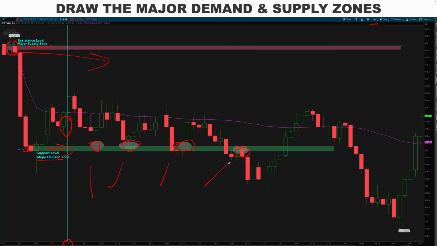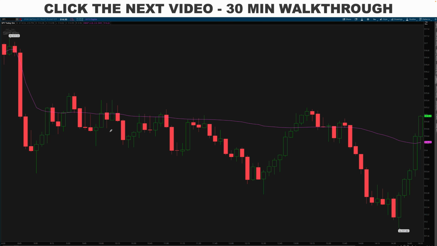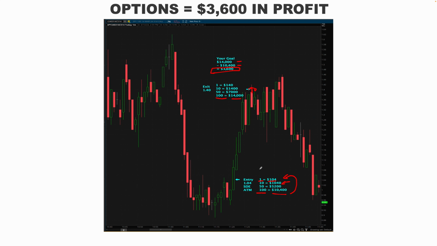So if you didn't want to trade with the 100 contracts and you wanted to get $900 in profit on each one of these instead, that gets you your $3,600. Which technically maybe wouldn't be 100 contracts. You can do 100 contracts divided by 4, which is 25 contracts. So if we go back to this piece here, let's see, 25. If 10 is $1,040, 50 is about $5,200.